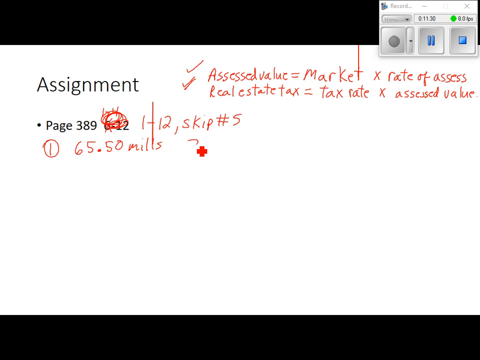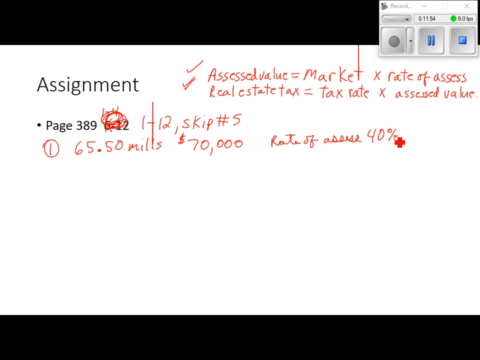The market value of the property we're dealing with is $70,000, and the rate of assessment is 40%. So we're going to use those three to answer the questions.